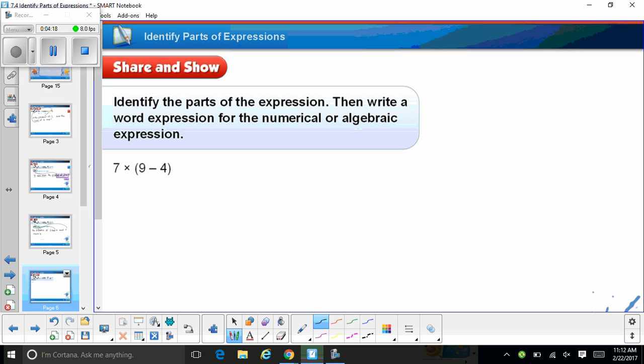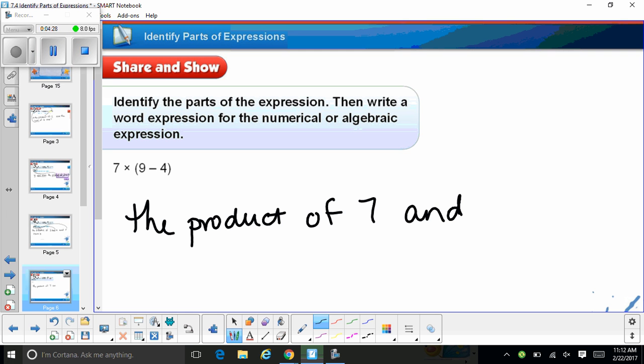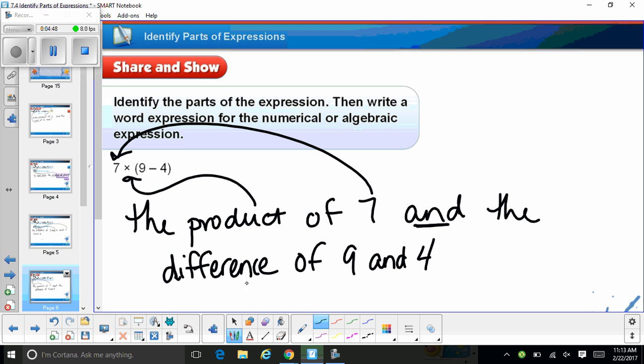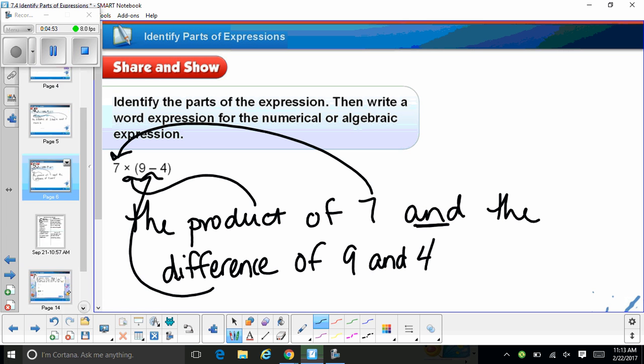And so one way I might write that would be the product of 7, and this tells me I'm going to my second part here, the difference of 9 and 4. So the product is here. I use the number 7, and then the difference of 9 and 4 is in my parentheses. And that's my word expression.